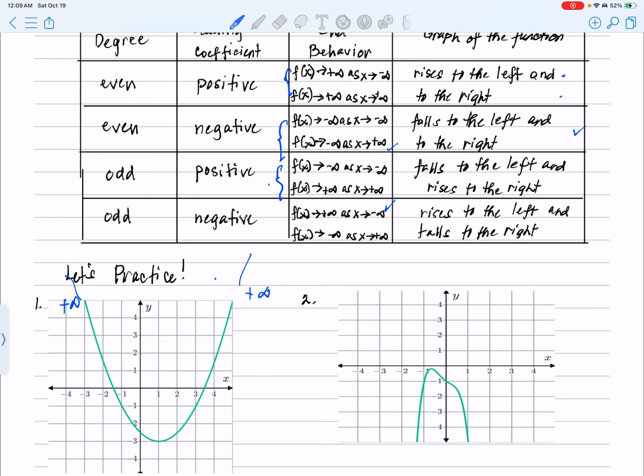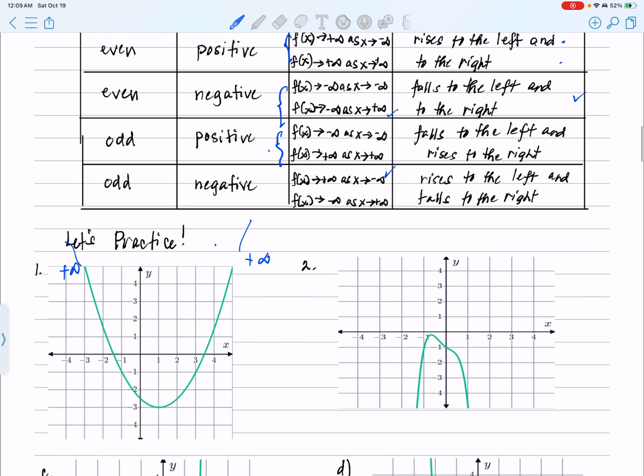Now remember that on the x-axis, x approaches positive infinity because it goes to the right. Right means positive infinity.